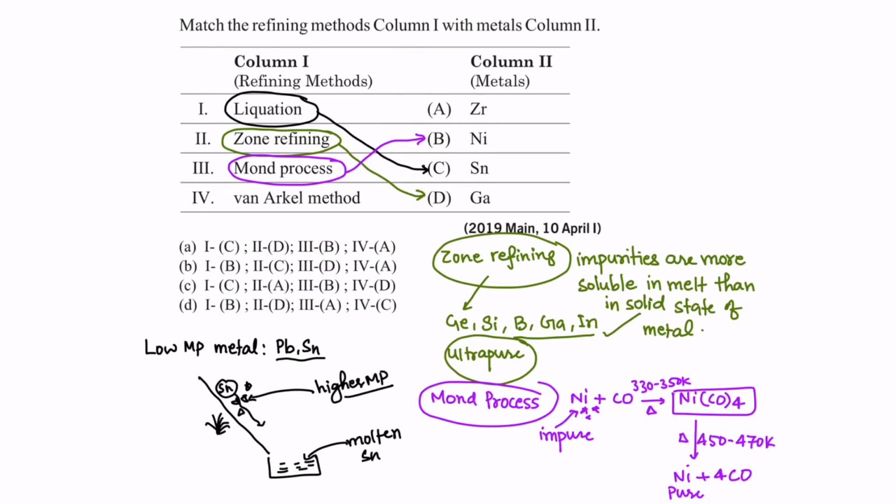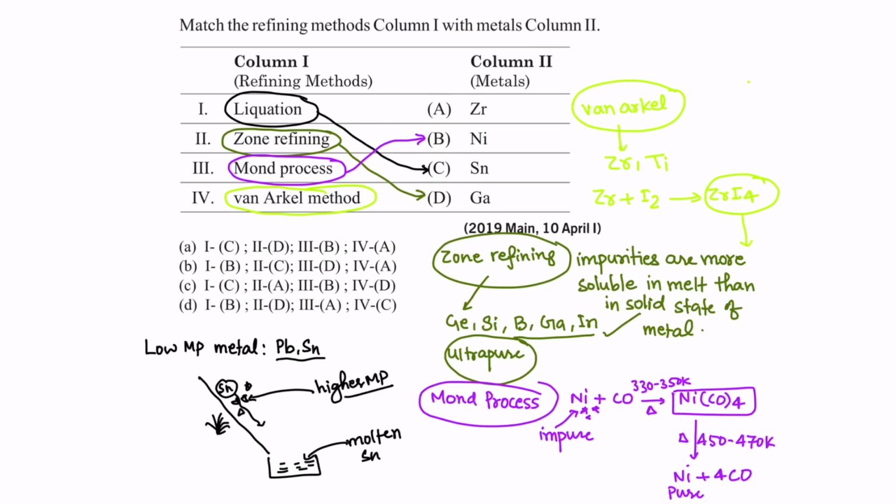And the last one that we have is the Van Arkel method. The Van Arkel method is generally used for purification of zirconium and titanium. In that case, we heat zirconium or titanium with I2 and it forms the metal iodide, that is ZrI4. This is more covalent, because zirconium has a +4 oxidation state.